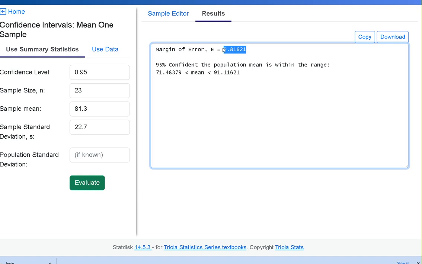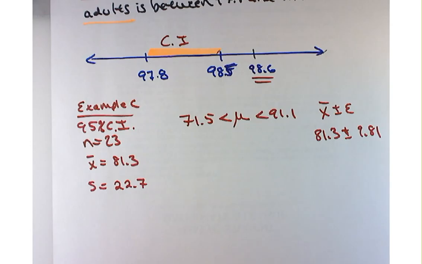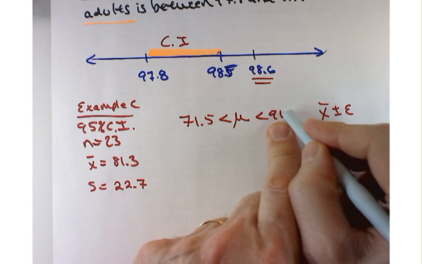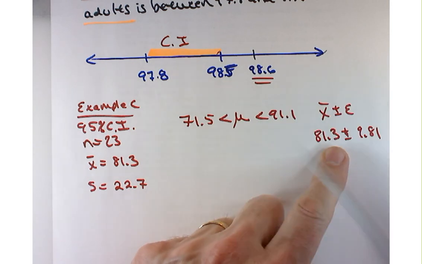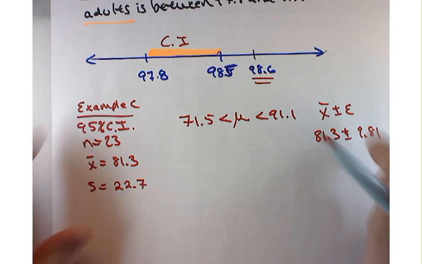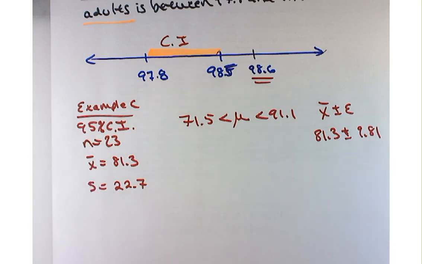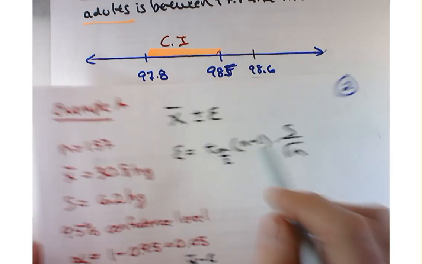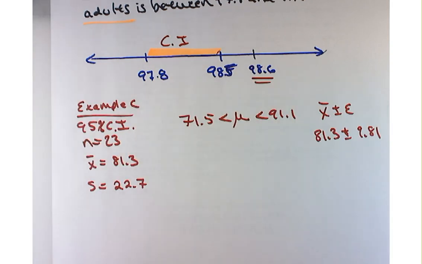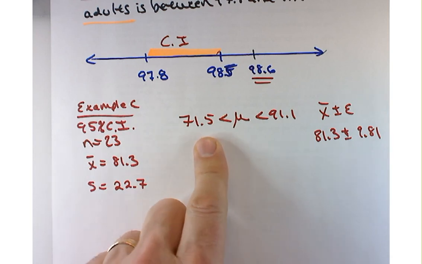So if you add 9.81, you'll get about this. If you subtract 9.81, you get about that. So that's where these numbers are coming from. This number comes from that formula that I showed you earlier, I think in response to Cam's question. You're not going to have to calculate that directly, but we are going to have to interpret this.